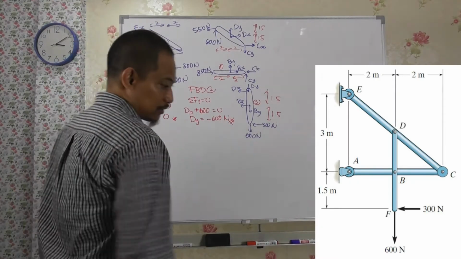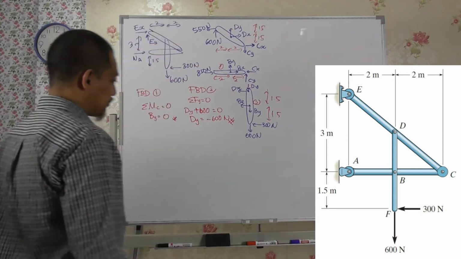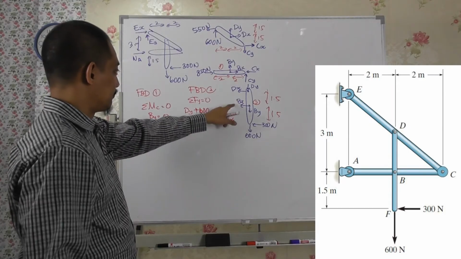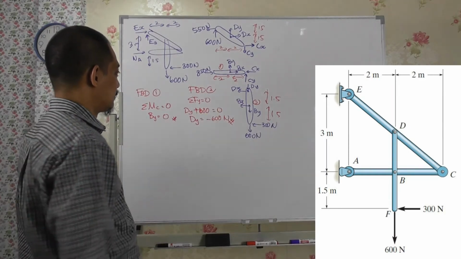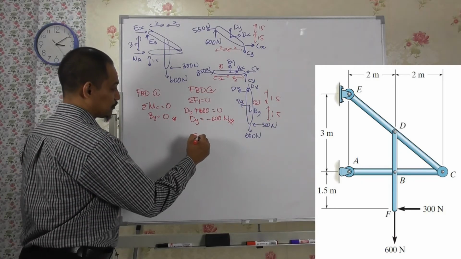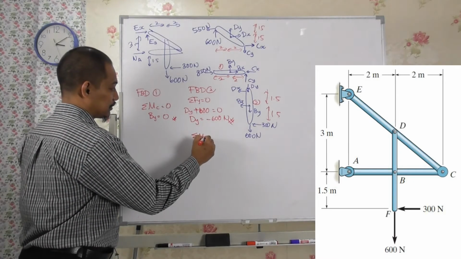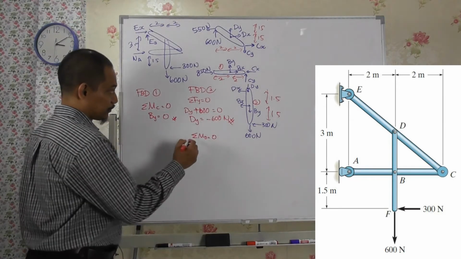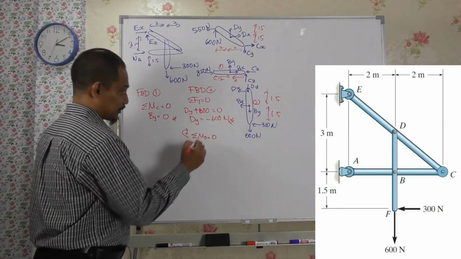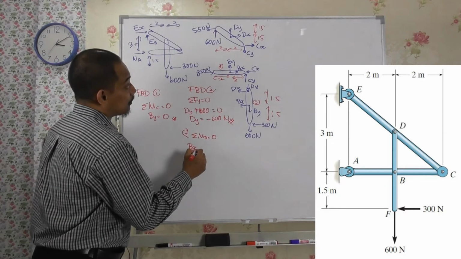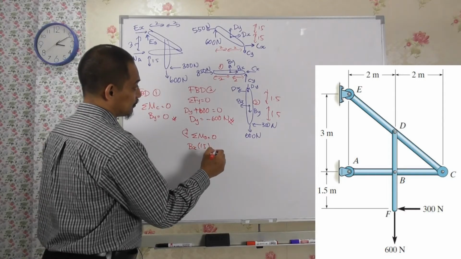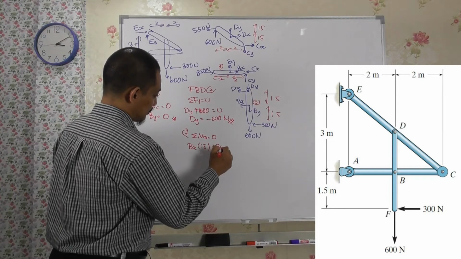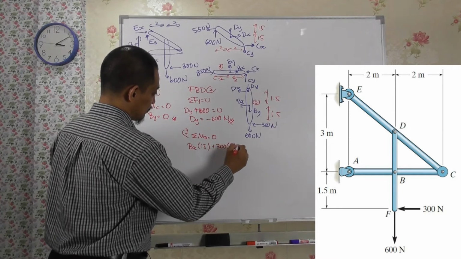So we need D and B. Dy is already settled, By is already settled. If I take a look at this free body diagram and take summation of moment about point D equal to 0, with clockwise as positive, I can calculate Bx times 1.5 plus 300 times 3 equal to 0.